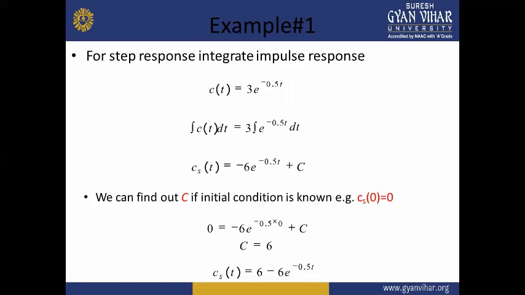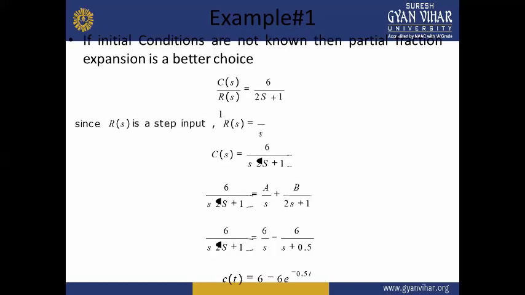So C is coming to be equal to 6, and c(t) is equal to 6 minus 6 into e^(-0.5t). This is your step response in the time domain.